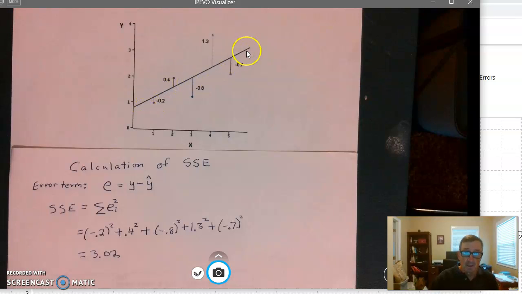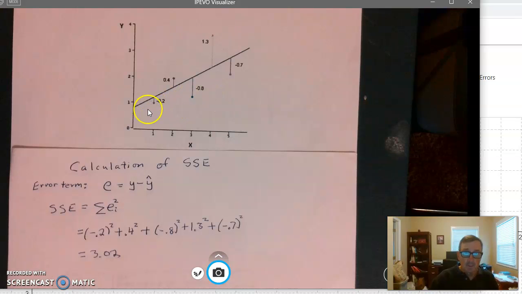Here's the regression line. So these numbers here give you the distance. For instance, this one here gives you the distance from the point to the regression line, and the point is below the line, so the error term would be negative 0.2. The second error term, the distance from the point to the line measured vertically, is 0.4, etc.